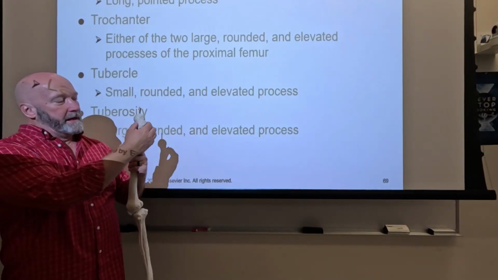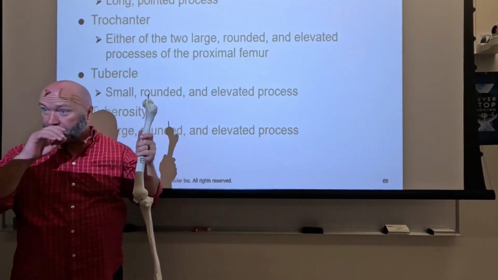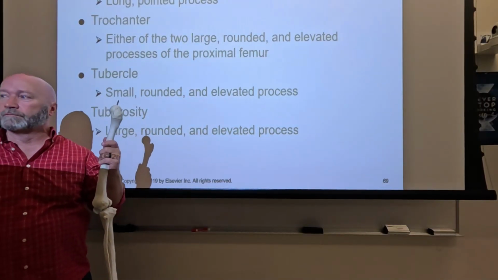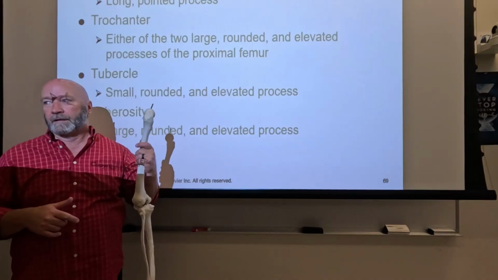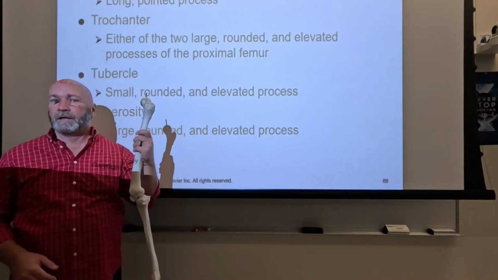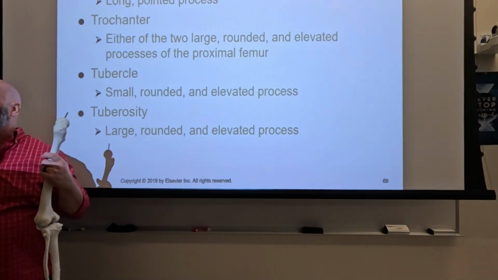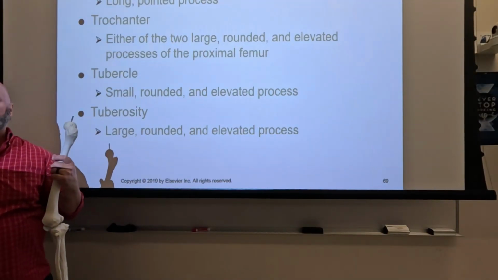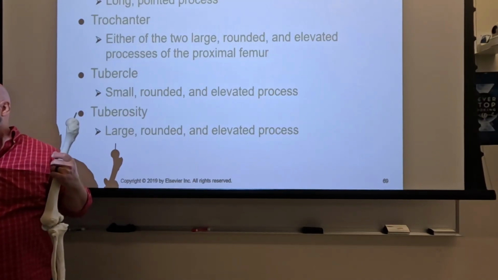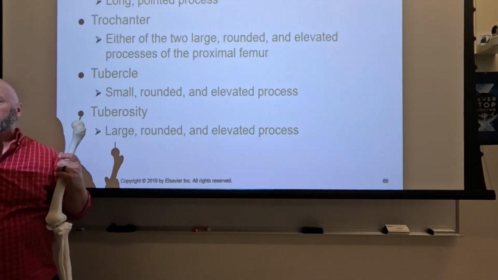So what we call that is the greater trochanter. Okay, so anytime you have a greater trochanter, you're naturally going to have a lesser trochanter. So that's your lesser trochanter. Okay, so anytime you see very specific things like anterior something, you're also going to have a posterior something. You have greater, you're going to have a lesser. Right.